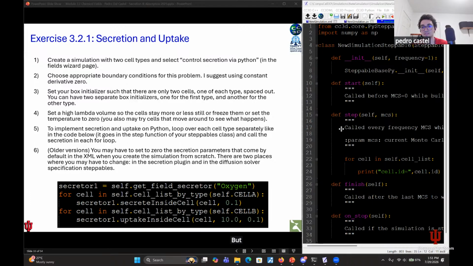But maybe I misunderstood the question. If you want to create a simulation file that contains XML, the Python master file, and the steppables file, all separate, all organized, compatible with Twedit and compatible with Player, I suggest you use Twedit for that, using the wizard. That's my suggestion.